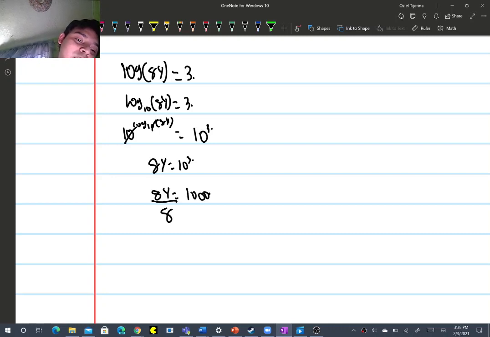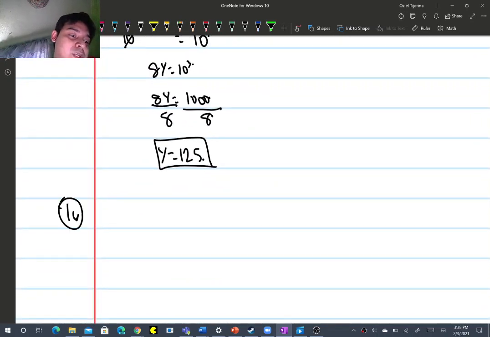And when you divide it by 8, you get that y is 125. So y is 125.